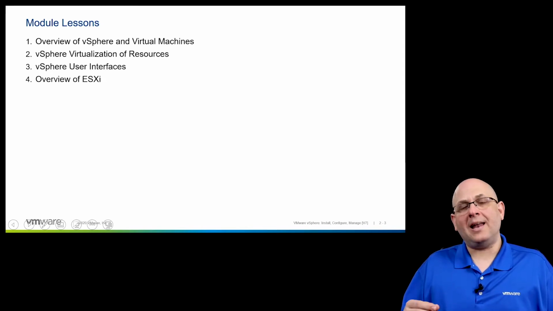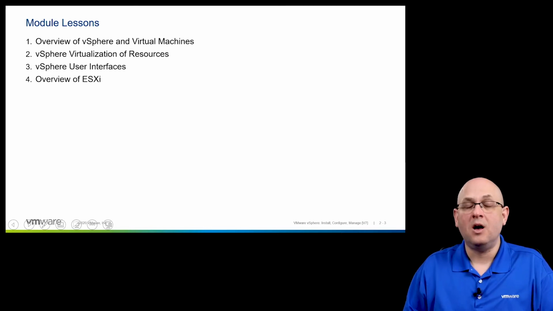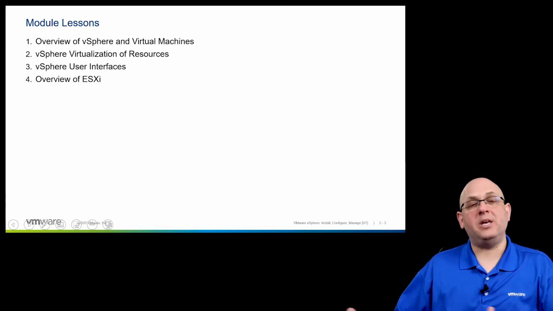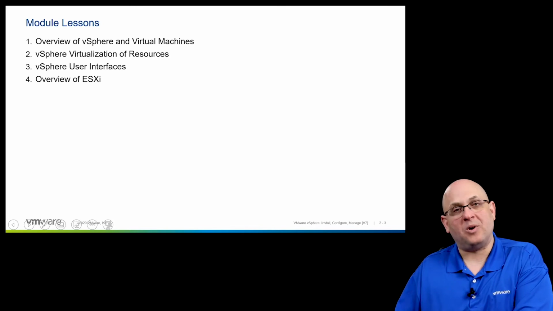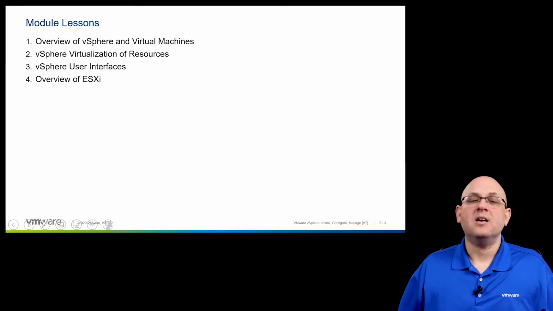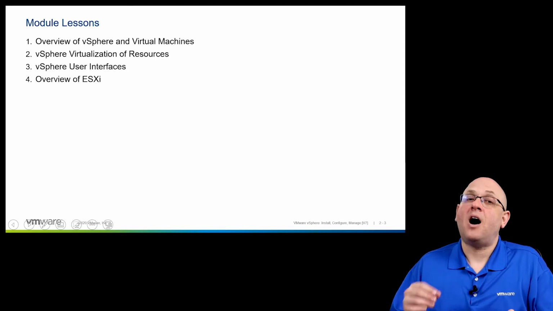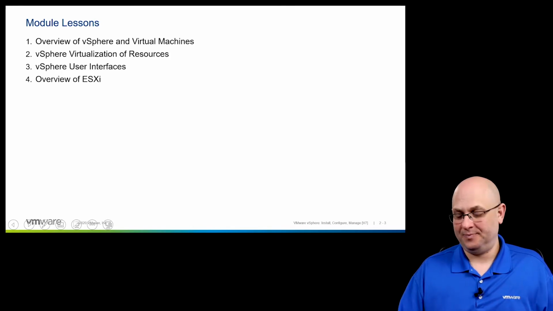And then we're going to look at how the resources that we give to those virtual machines are actually virtualized. What's the difference between a physical CPU and a virtual CPU? Physical memory and virtual memory, physical networks and virtual networks, and so on. Okay. Then we'll look at the user interfaces that we have, and then we'll have a fundamental look at ESXi itself.